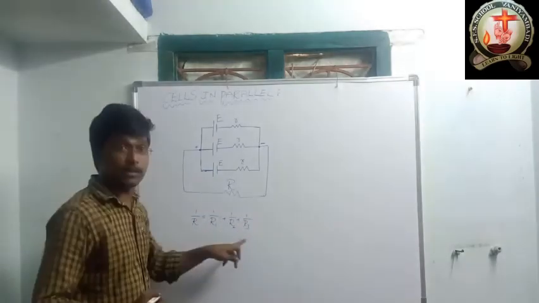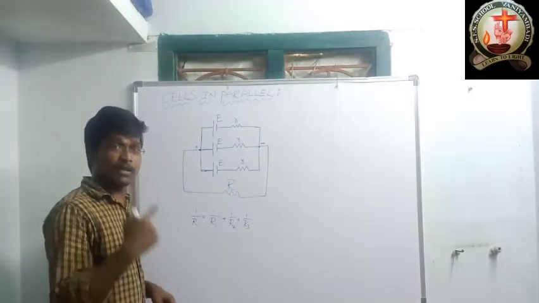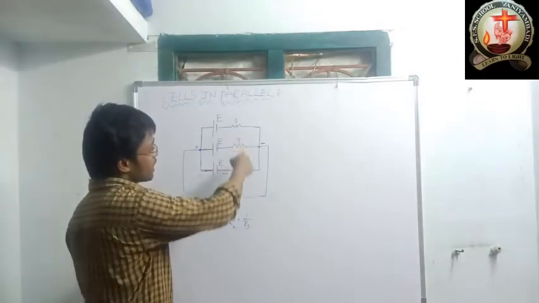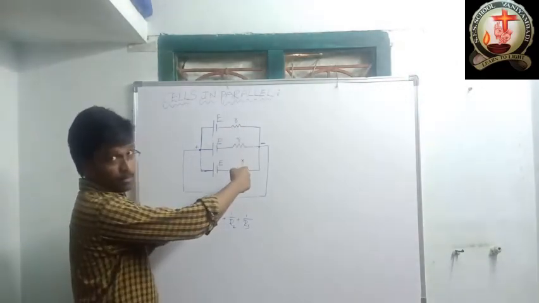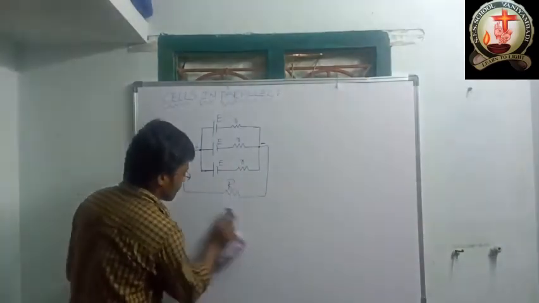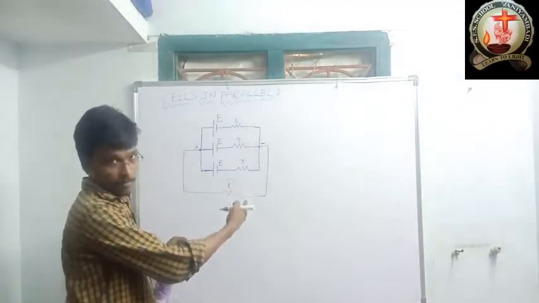We already discussed it in the previous class. So here also the resistors are in parallel: 1, 2, 3. So here resistors are in parallel format.